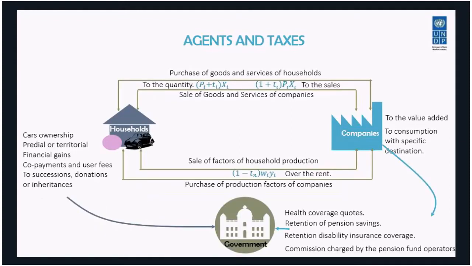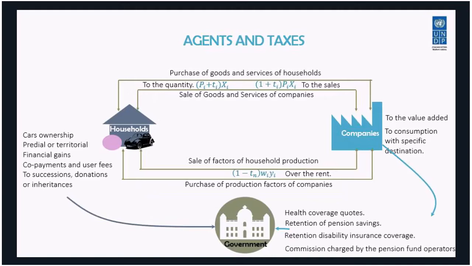Now in this slide, we have the role of government. So immediately the slide became, at least visually, more complex, because the government is the agent who regulates those relationships, right?